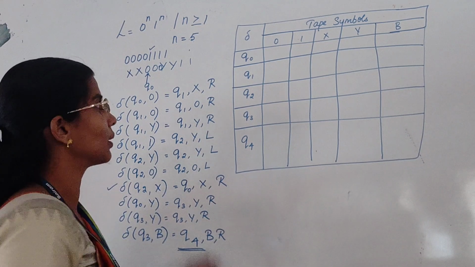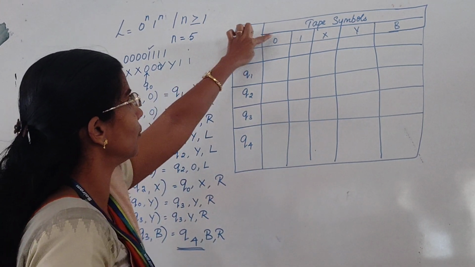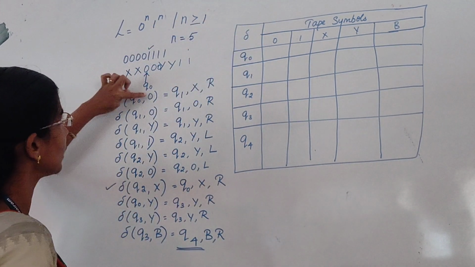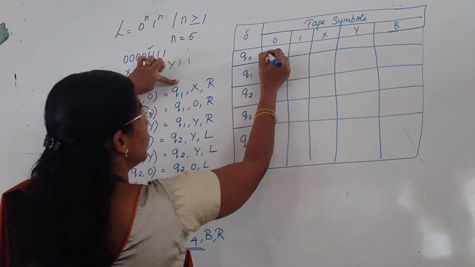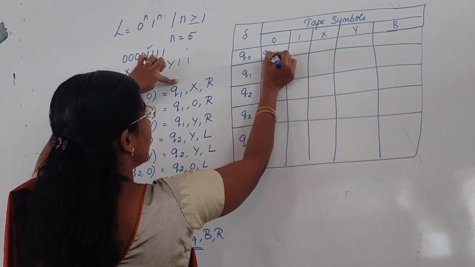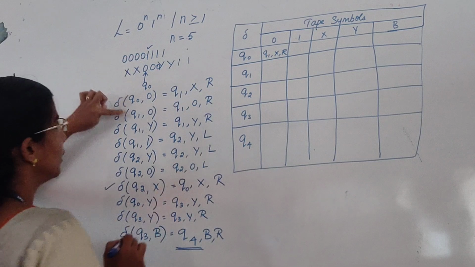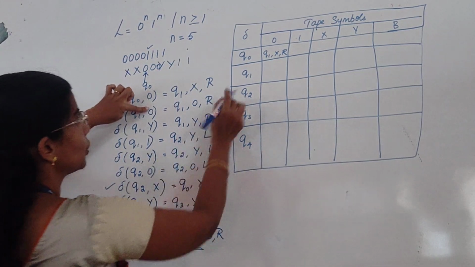Now you can mark the transitions. Q0 state when it reads 0, Q0 comma 0. What is the transition? Q1 XR.